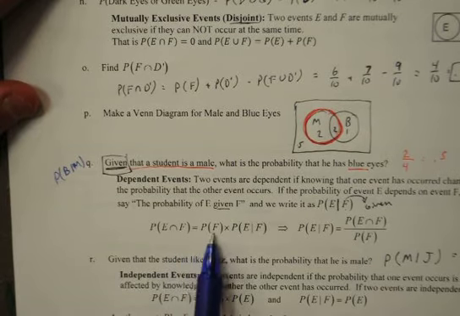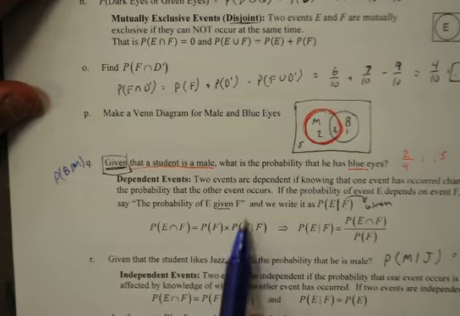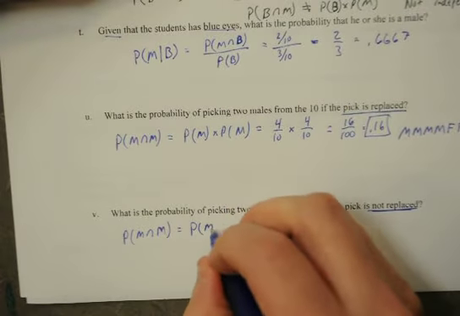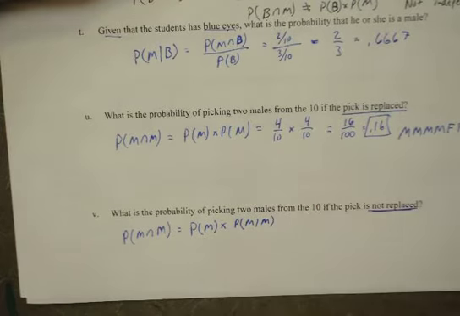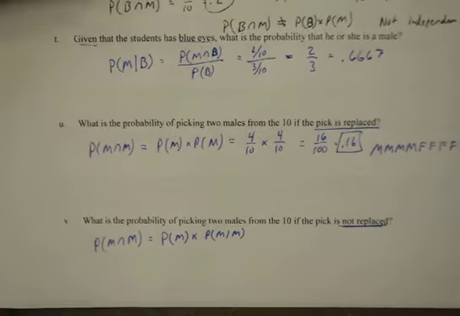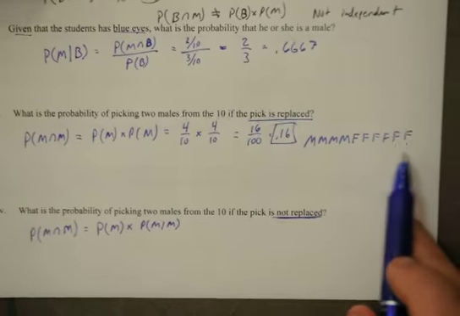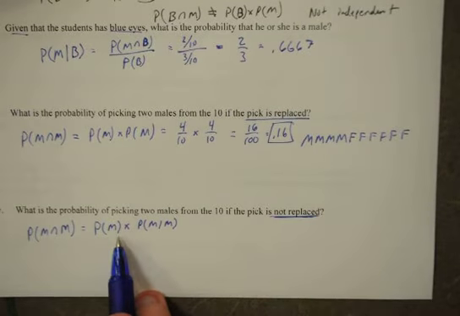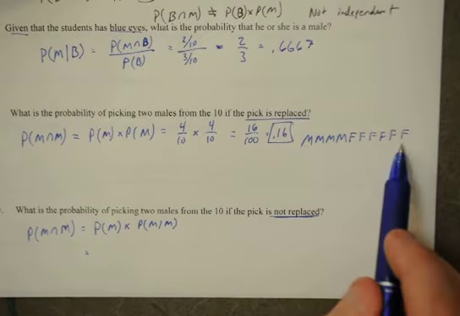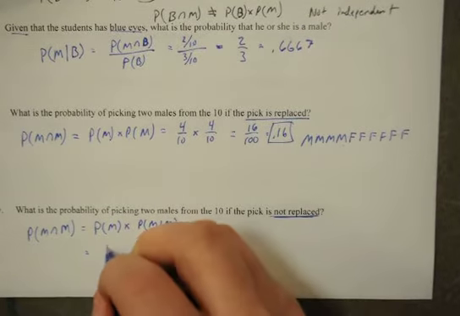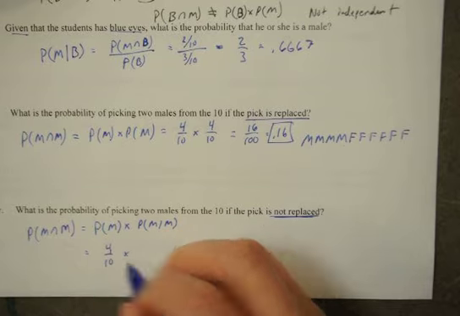Picking 2 males, you're going to go like this. That would be the probability of picking a male times the probability of picking a male given a male was just picked. So let's use this same thing again. Probability of picking a male. Your first pick, you got 4 males out of 10 total things to pick from.